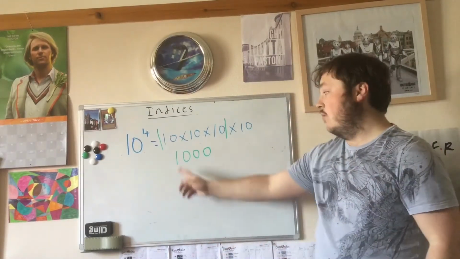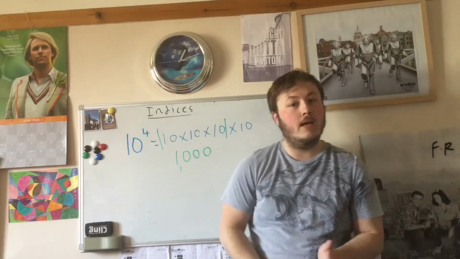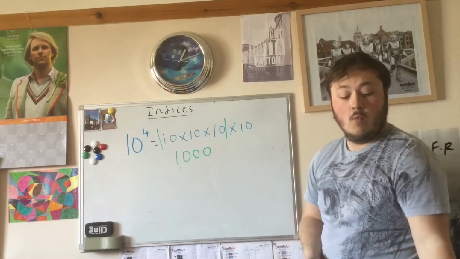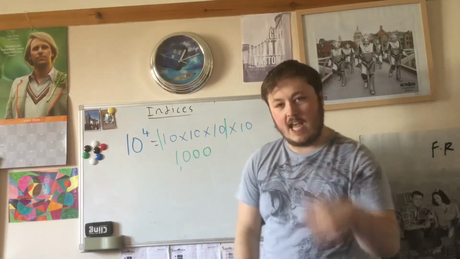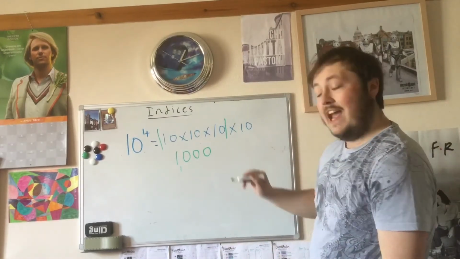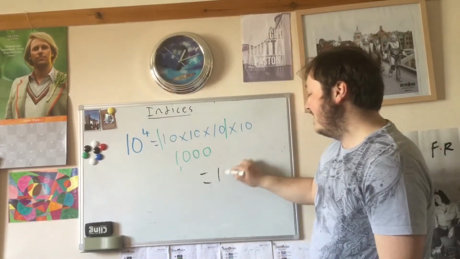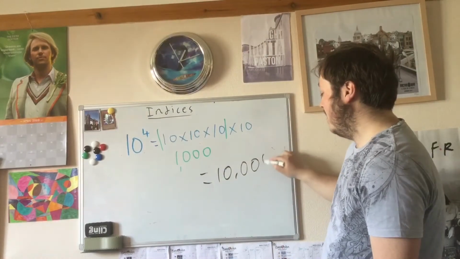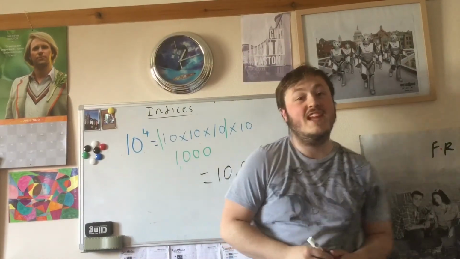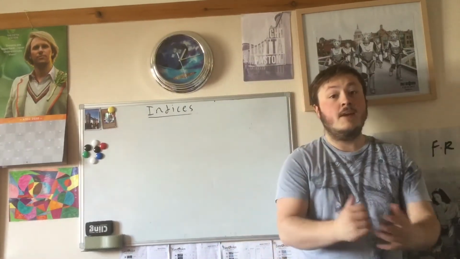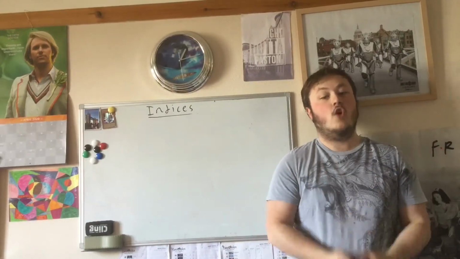So what is 1,000 times 10? Well, what do we do again? We add an extra 0 on the end. So 10 to the power of 4 is 10,000. It's huge.